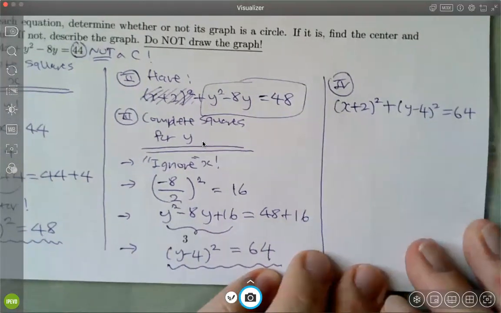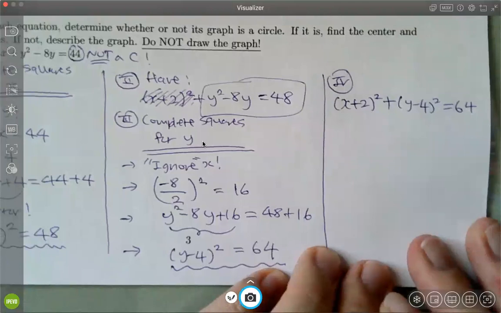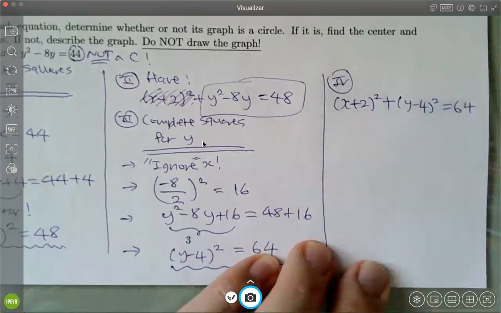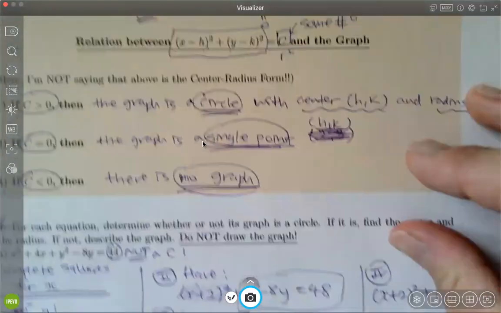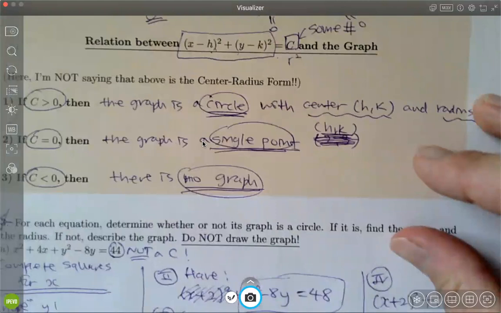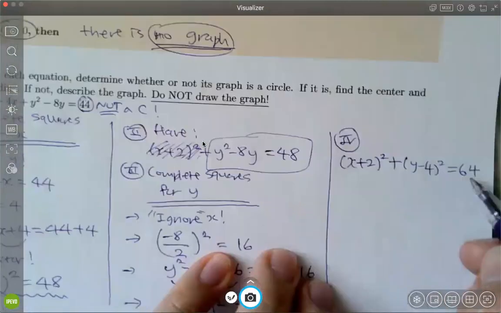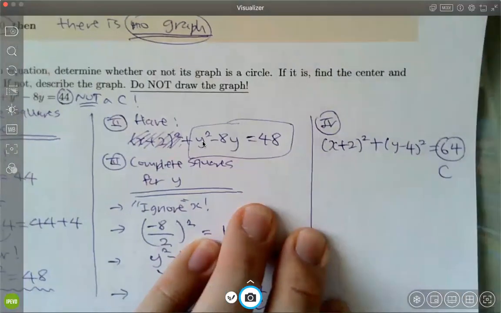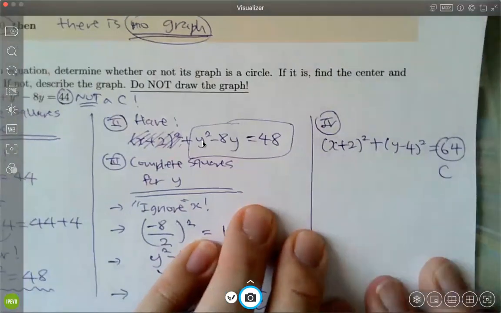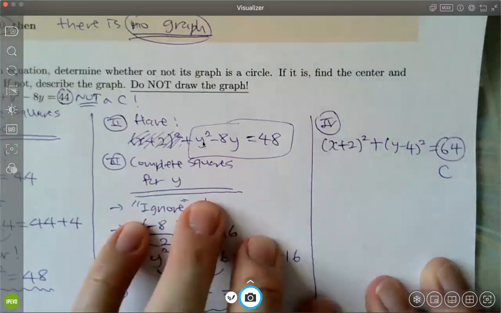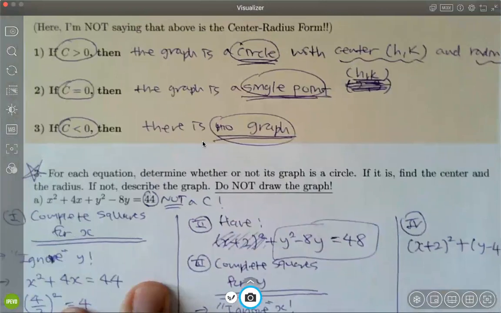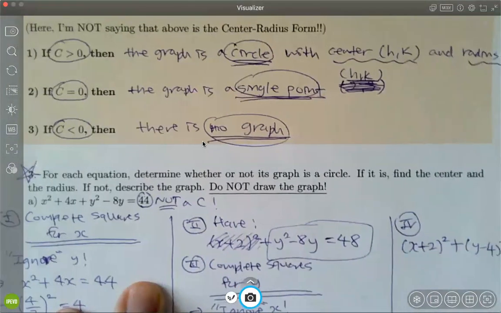Now we have completed squares for x and y, and can you see what the value of c is? What's the value of c here? 64. So this is the value of c, because we have completed squares for x and y. So now, is this a circle? Yes, and what's the reason?